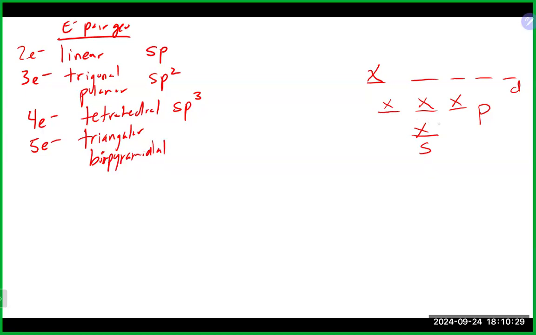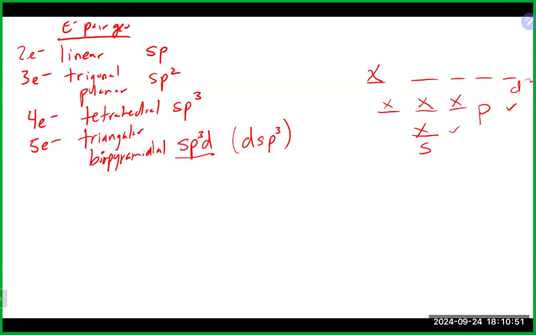I have an s, I have 3 p's, and now I added a d to it. So it will hybridize sp3d. I personally write it this way. Books and stuff sometimes will put the d in front, so you'll sometimes see this written with the d in front. I personally prefer this way, but you will see it the other way written as well.